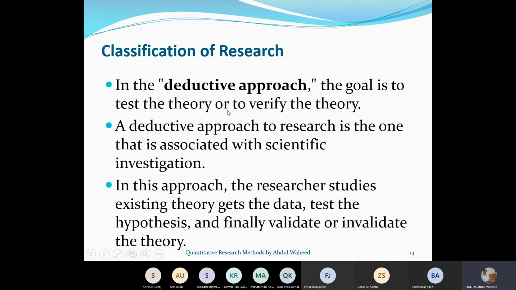For example, there is a theory: consumption is a function of disposable income, and consumption is a positive function of disposable income. This means when your income increases, your consumption expenditure will also increase. Now we can test this theory. We can get the data on consumption and the data on income, and then we will test.